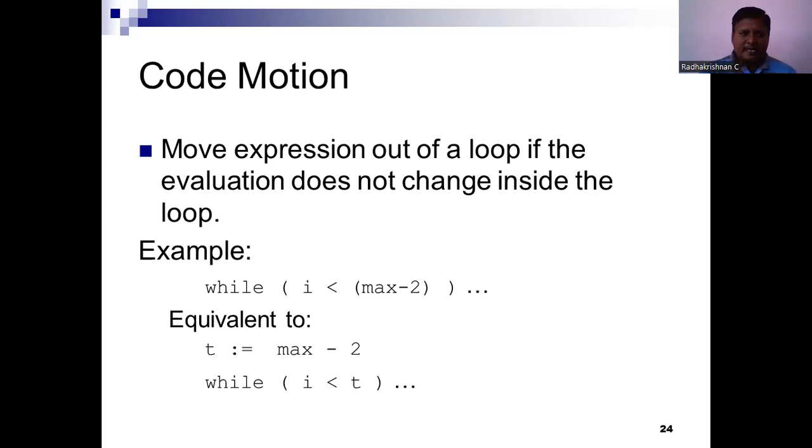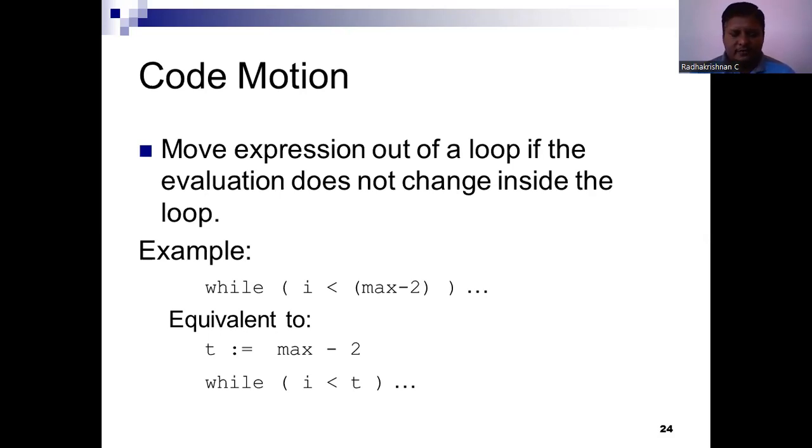But the max minus 2 value does not affect the looping statement, so we reduce the code by calculating max minus 2 beforehand and assigning it to some variable t. Now the condition slightly changes to while I less than t.